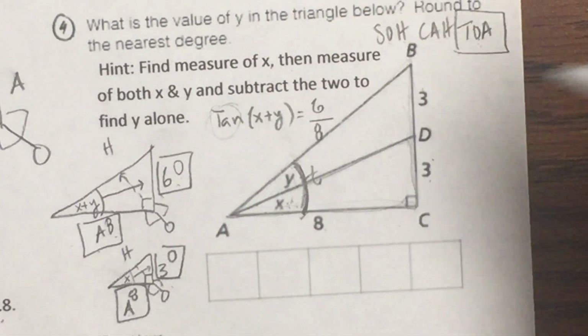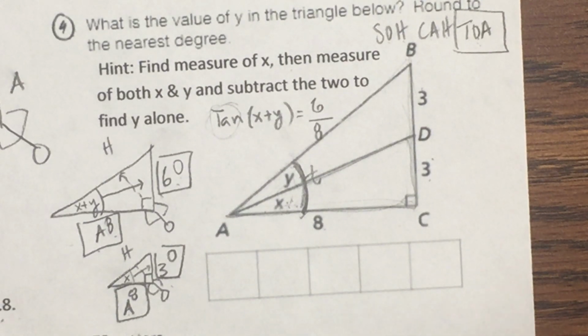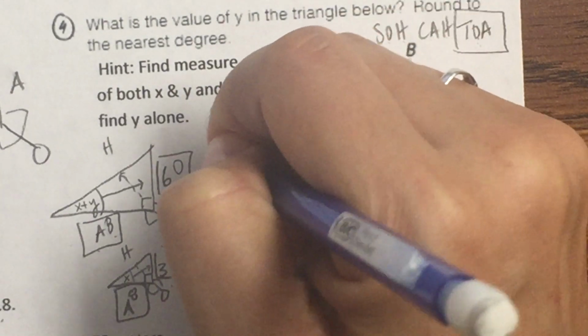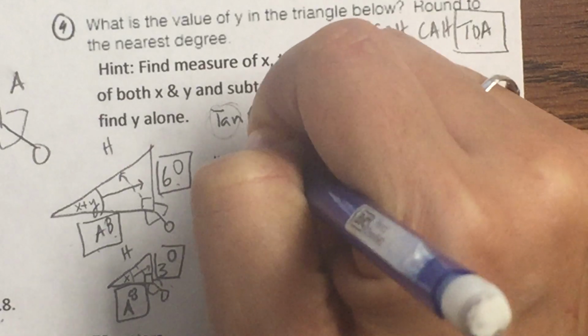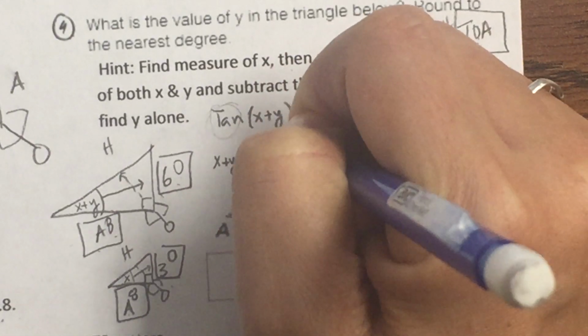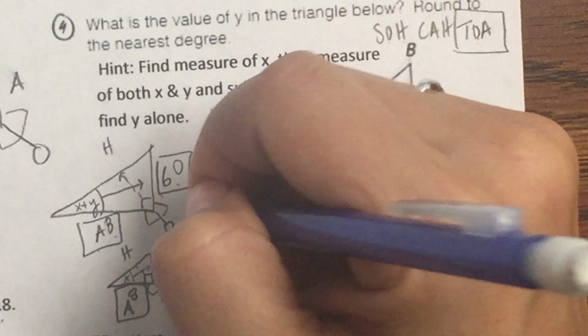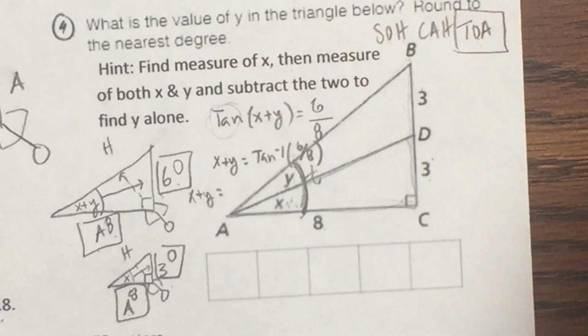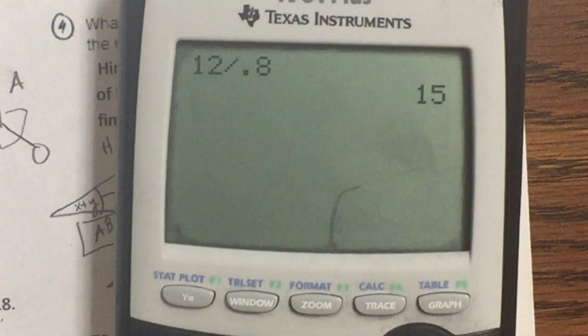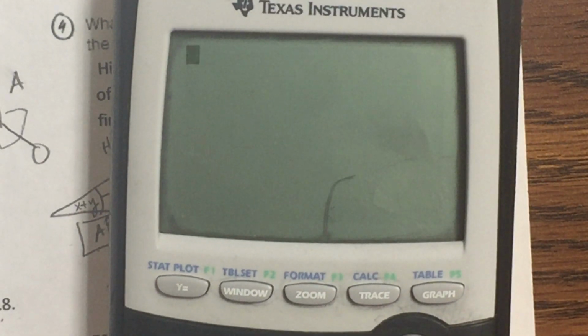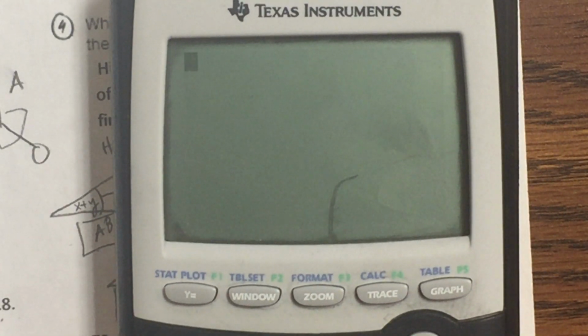So, and I'm running out of space. Let's just squeeze it here. x plus y equals the inverse tan of 6 over 8. And you're just going to punch that in the calculator. And then x plus y equals. So remember, to find the inverse, you're going to press this.